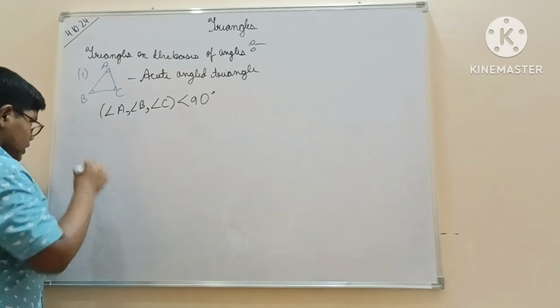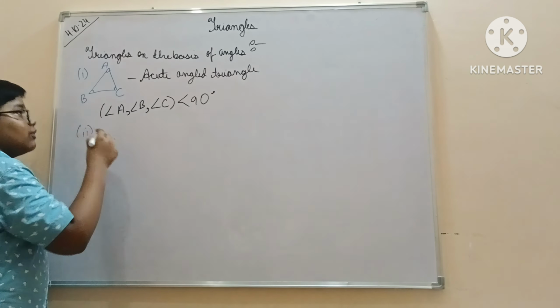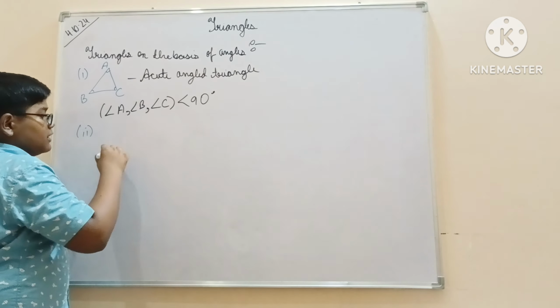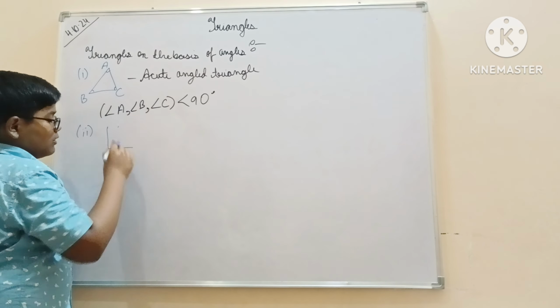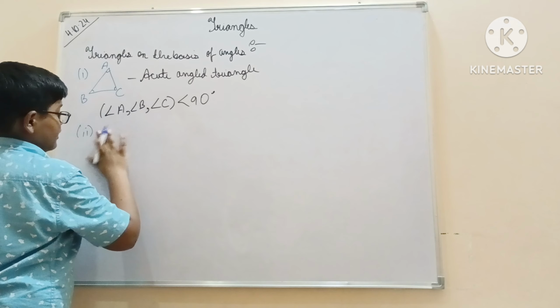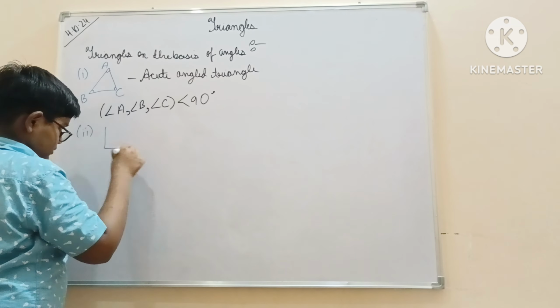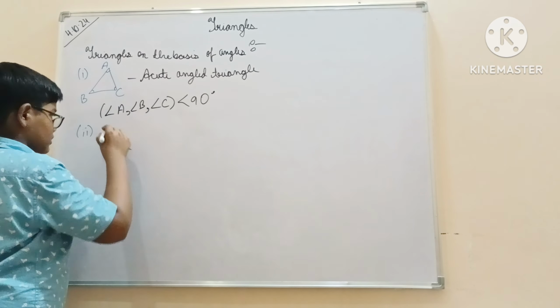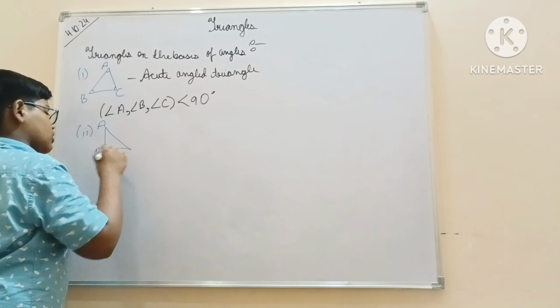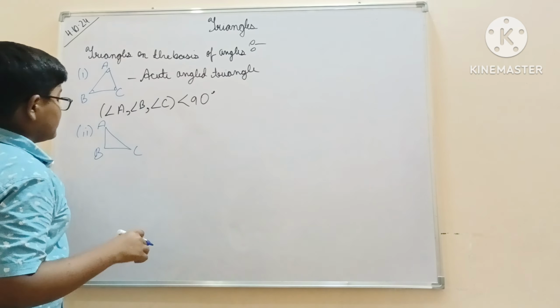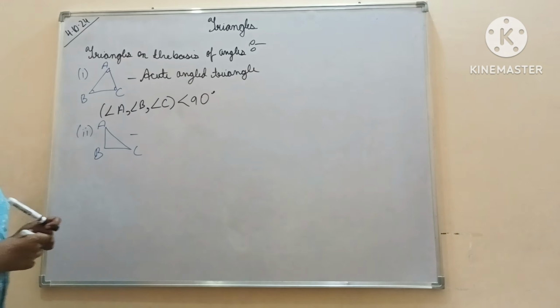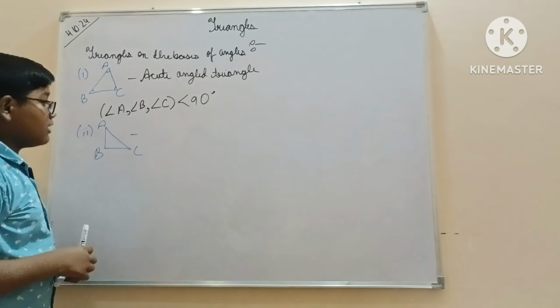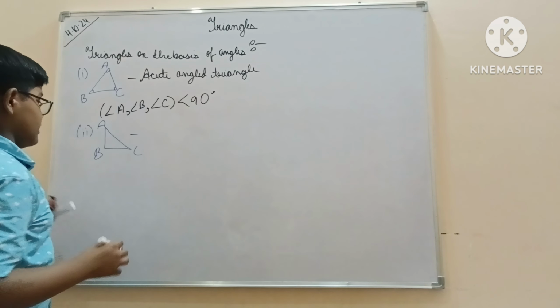Now we will talk about our second type of triangle on the basis of angles, which is the right angle triangle. We will talk about the obtuse angle triangle later. A right angle triangle is a type of triangle in which one angle is equal to 90 degrees.